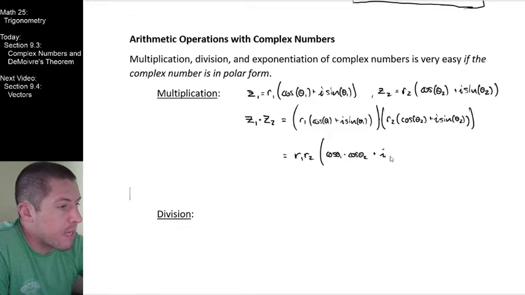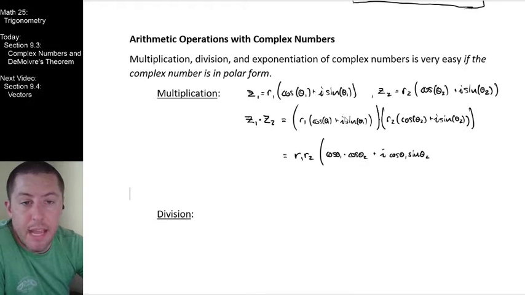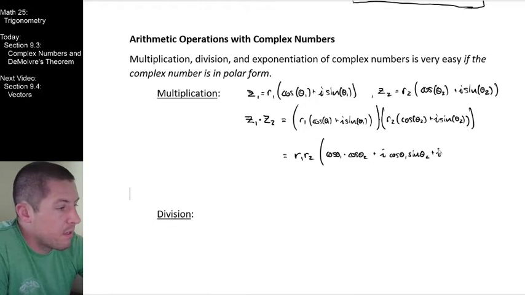So I'm going to get plus i cosine theta 1 sine theta 2. Inner says I'm going to do the inner two terms, so it looks like I'm going to get an imaginary term again because there's an i on this one. Plus i sine theta 1 cosine theta 2.